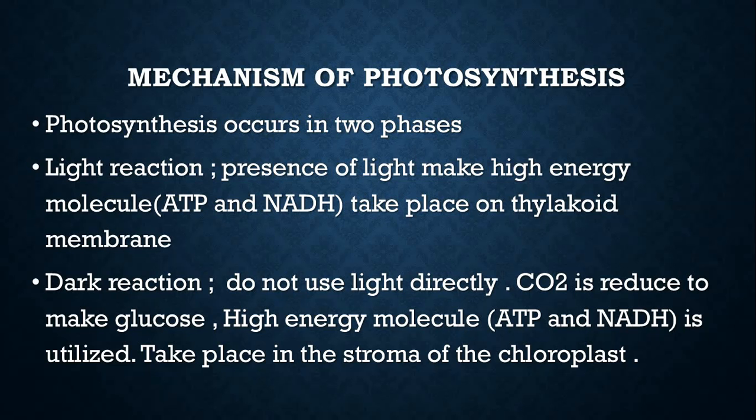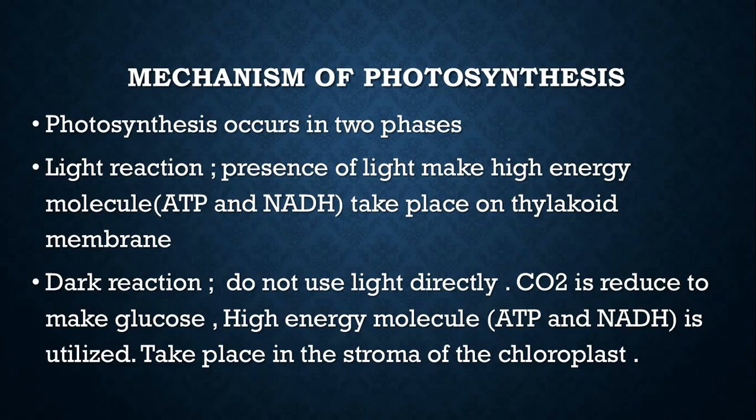In the light reaction, high energy molecules ATP and NADPH are made. In the dark reaction, it utilizes ATP and NADPH, because it needs energy in the night, since it does not directly use light.